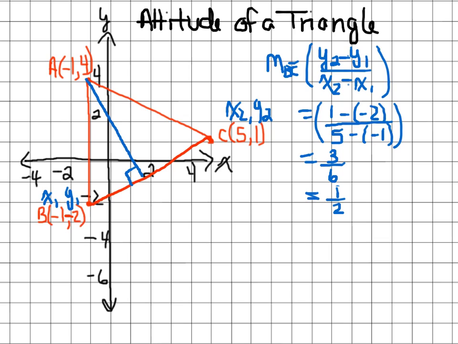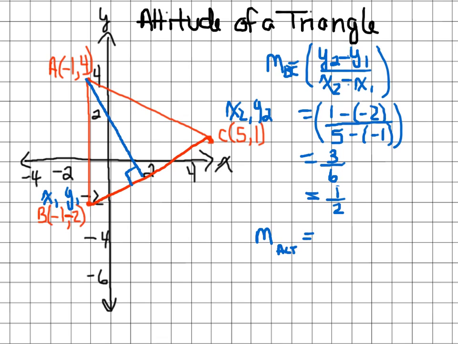All right, so we know the slope of line segment BC, so now I am going to use this slope to find the slope of my altitude. And we know that slopes of perpendicular lines are negative reciprocals of one another. So my slope of my altitude, I'm just going to do a subscript ALT, is equal to, I'm going to change the sign.